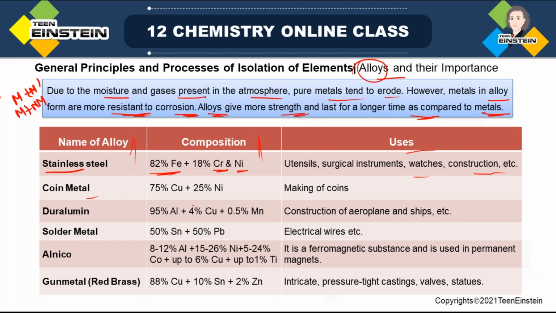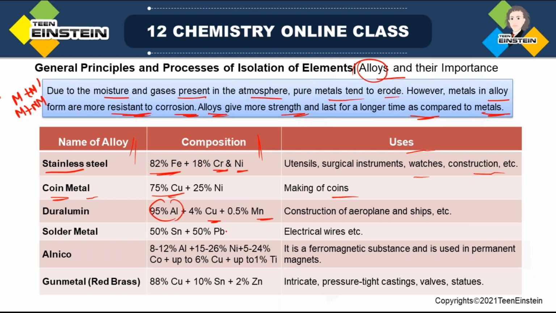Next, coin metal. In coin metal, as you can see from the name, you will get the idea of its purpose. It is basically used in making coins. Here three-fourths part is copper, and one-fourth part is nickel. Then duralumin, here 95% aluminium, but we also have 4% copper and a very low percentage of manganese.